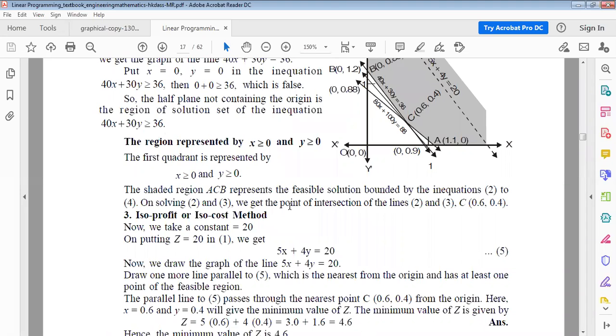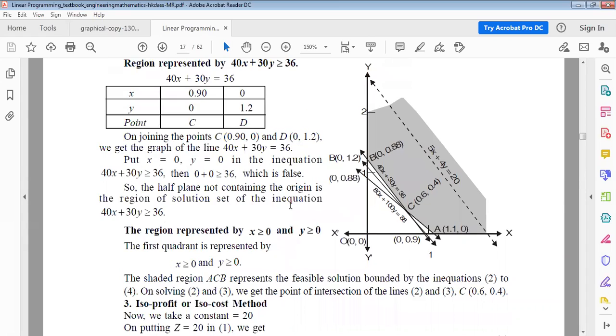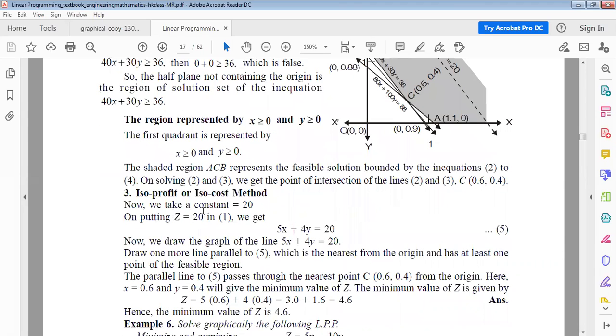So for the isocost method, actually for the minimum we have to minimize the cost. This is the minimization problem, and this is the objective function line. If we take a constant 20, z equals 20.